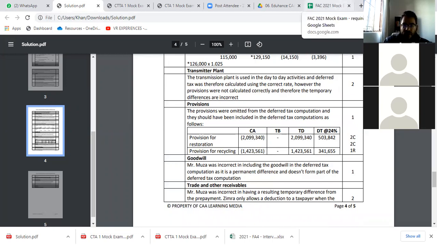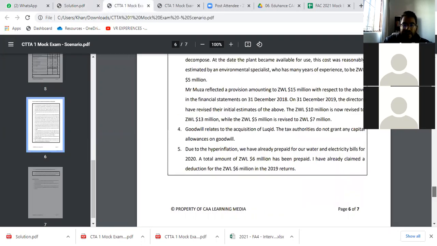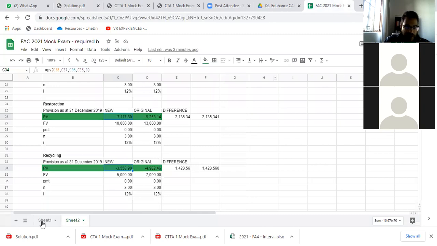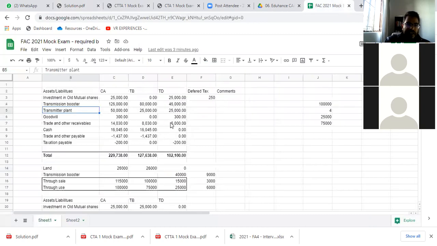So now let's do the trade and other receivables. Trade and other receivables here is at 6 million. Let me see my calculation over here, my difference. Here you can see they had the 6 million, and they're saying the 6 million is related to a prepayment, which is correctly included in trade and other receivables, but is not included in the tax base. Why? Because the accountant put it through in the 2019 tax return.